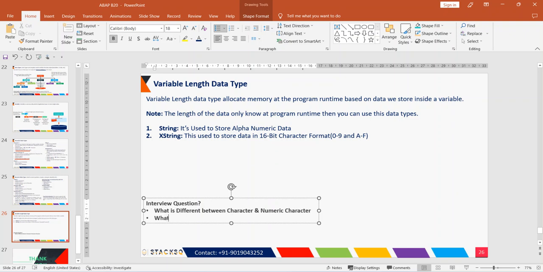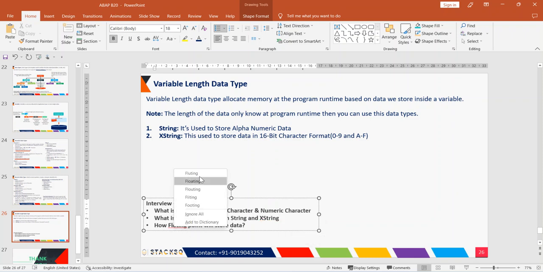What is the difference between... So these are the interview questions that you will get on the topic that we have covered so far.